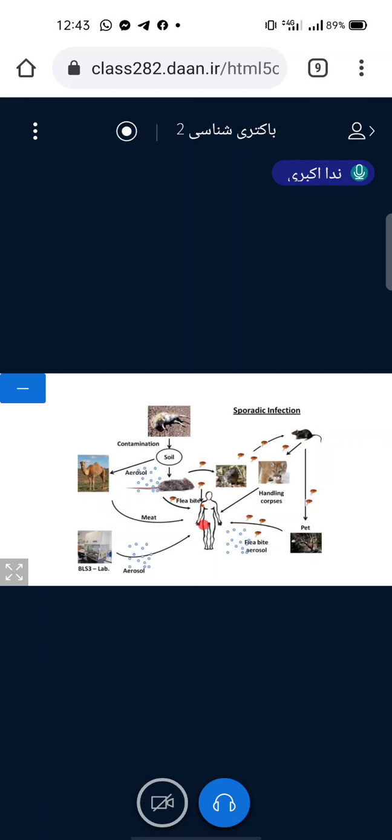And the human here is an accidental host. In fact, the main reservoir, the main source of the bacteria, are animals, and the vector is an insect, the flea here.